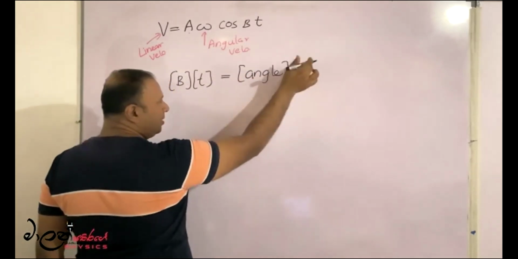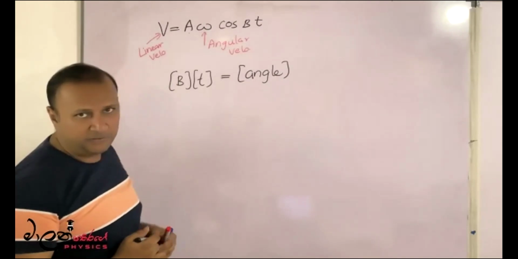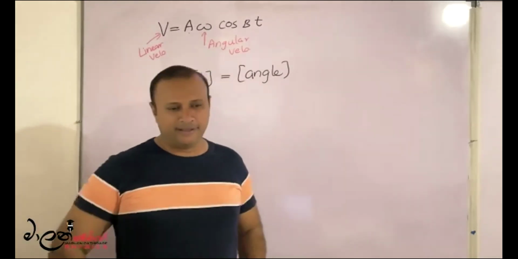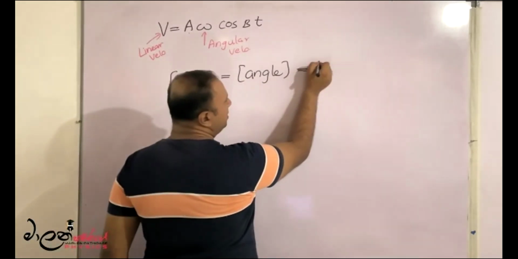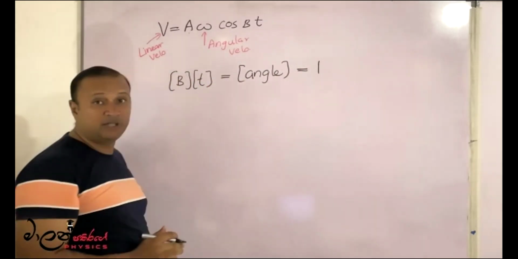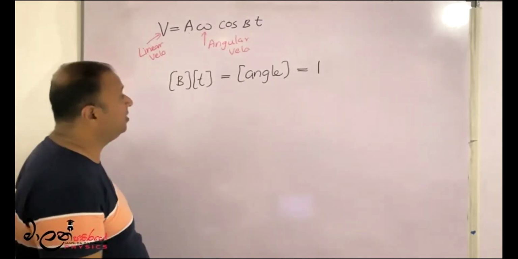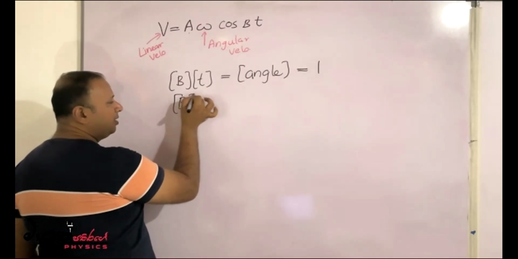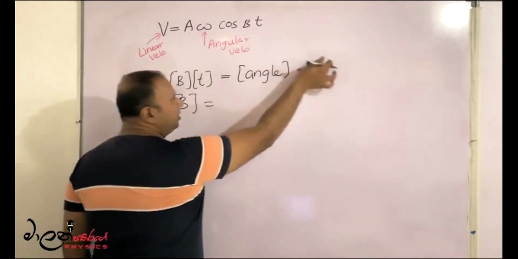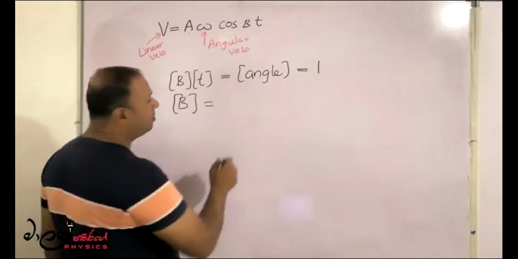So what is the argument? Inside a trigonometric function, there should be an angle. Angle doesn't have a dimension. Therefore, the dimension of that one is equal to 1. Then the dimension of B is equal to T to the power minus 1.